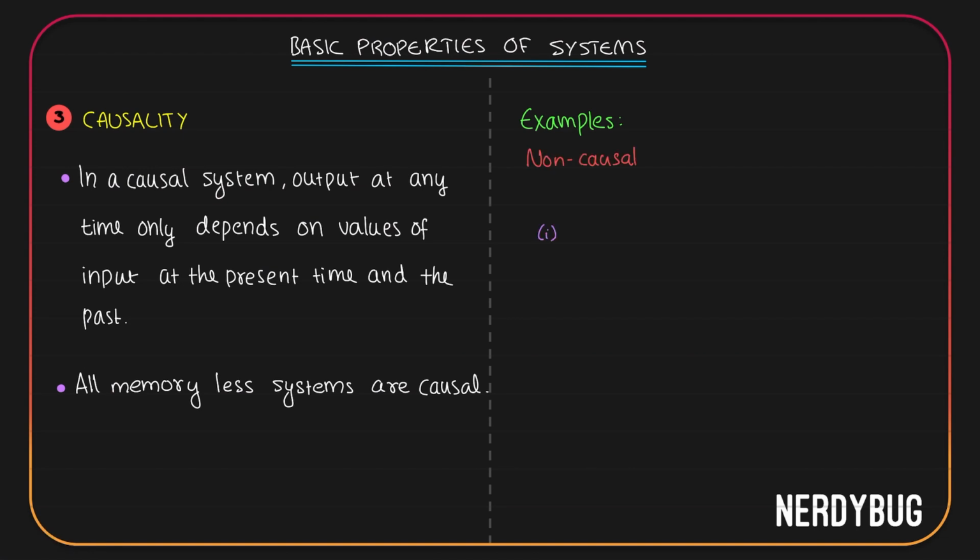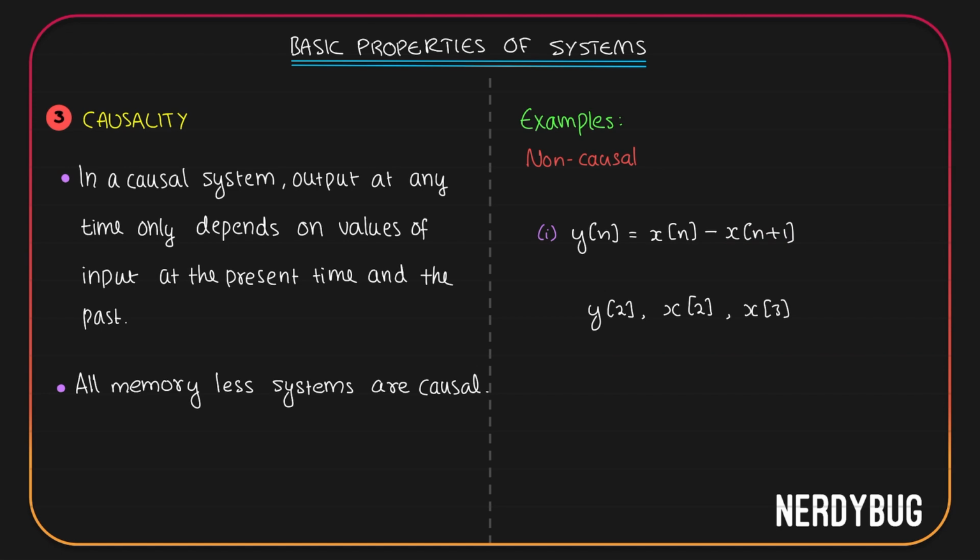The first one is y of n is equal to x of n minus x of n plus 1. Here, let's say you want to find out y of 2. You need x of 2 because you have x of n there. You also need x of 3 because you need x of n plus 1.